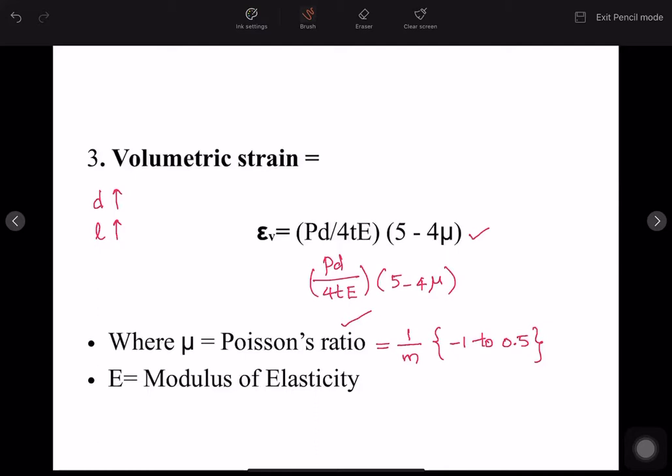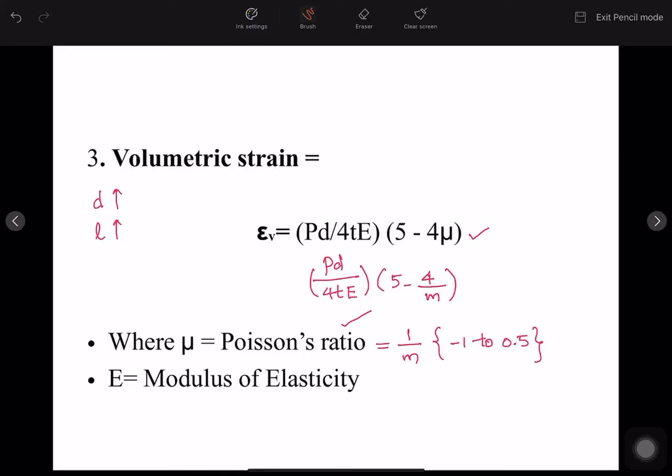Here mu is Poisson's ratio, or in place of mu, you can write 1 by m, or simply 4 by m.